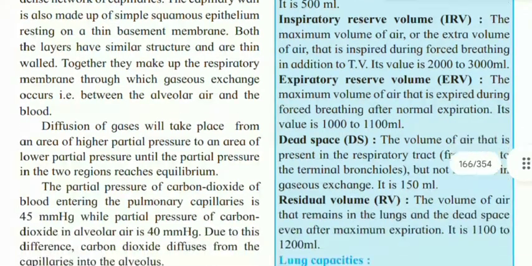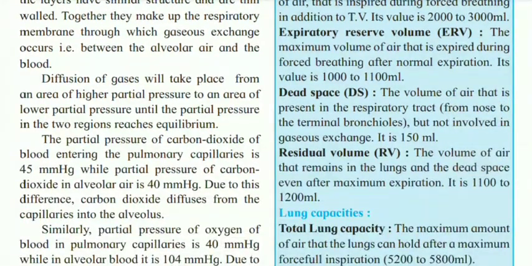that is between the alveolar air and the blood. Diffusion of gases will take place from an area of higher partial pressure to an area of lower partial pressure until the partial pressure in the two regions reaches equilibrium. The partial pressure of carbon dioxide of blood entering the pulmonary capillary is 45 mmHg, while partial pressure of carbon dioxide in alveolar air is 40 mmHg.